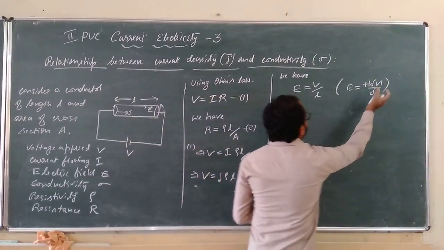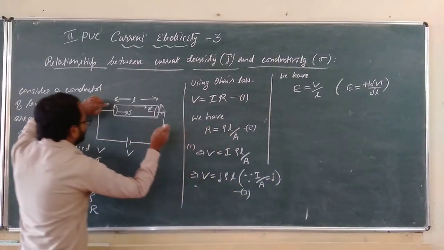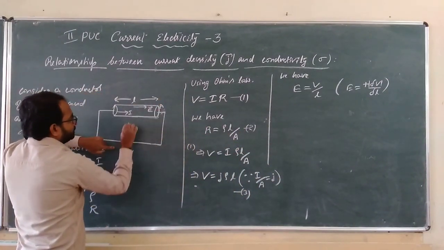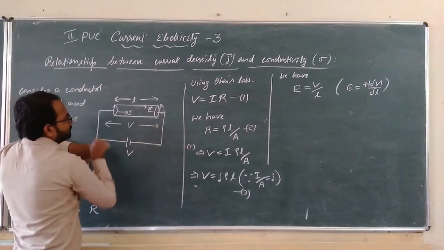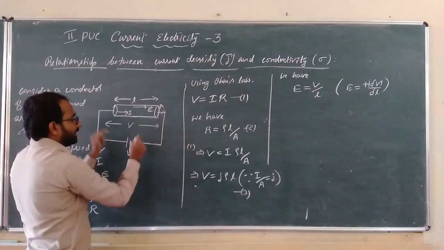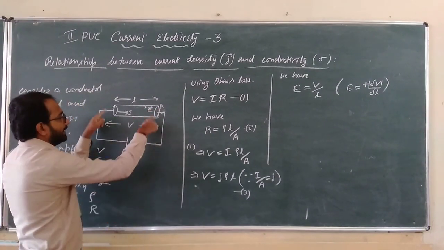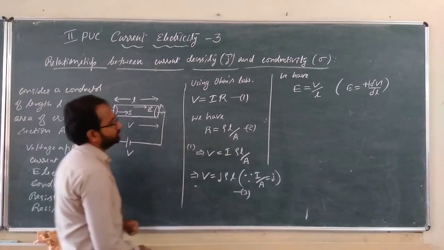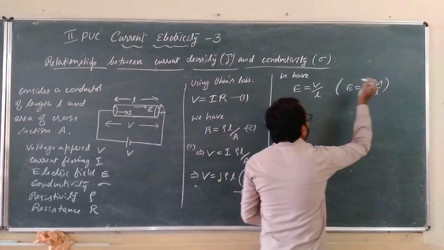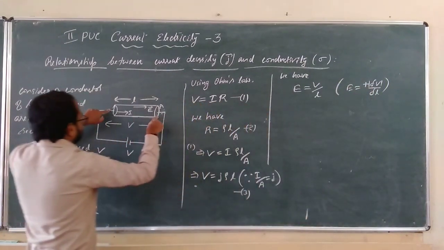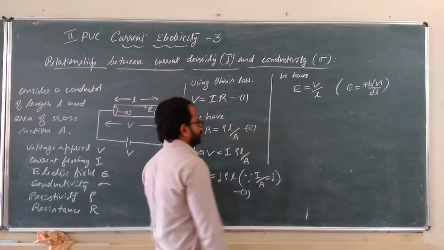Here the change in potential from this end to this end is V, the potential difference applied across the ends of the conductor. Delta V is V here. What about delta L, length? That is L, so therefore V by L.